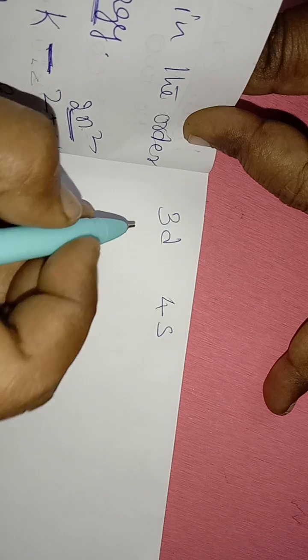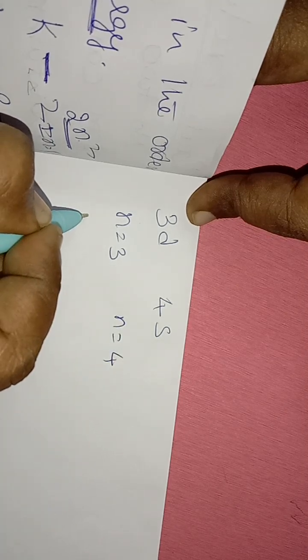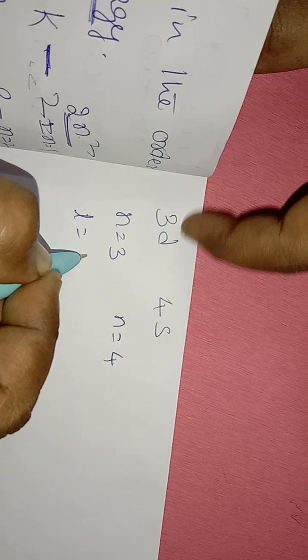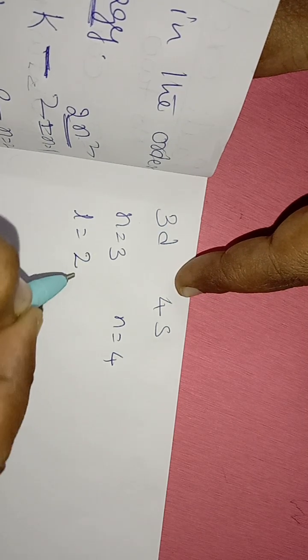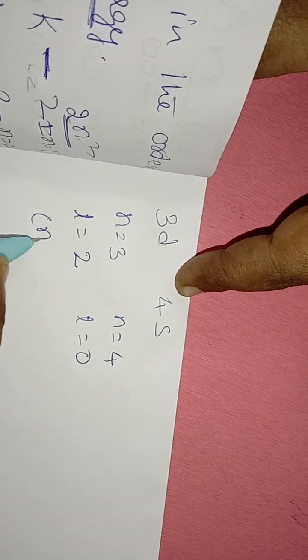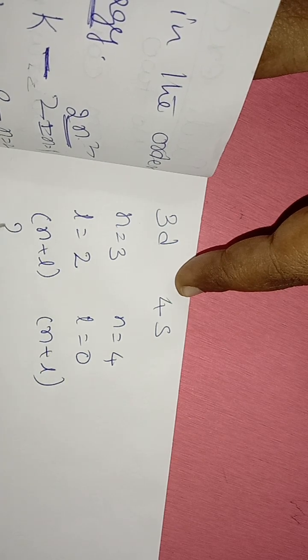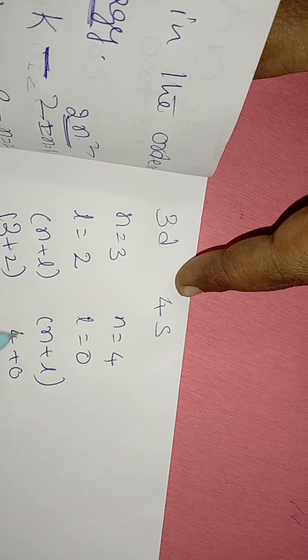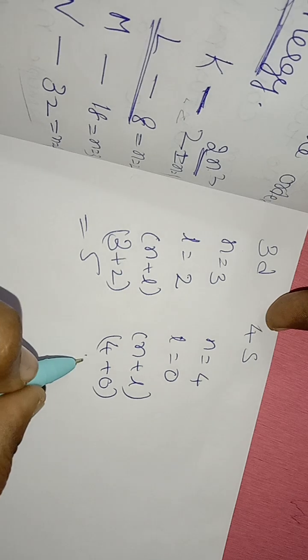Now here, if you take n value 3, L equals 2, and here n equals 4, L equals 0. If you substitute in this formula, what are you getting here? 3 plus 2, 5. 4 plus 0, 4 only, right?